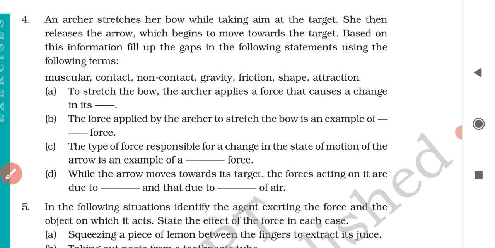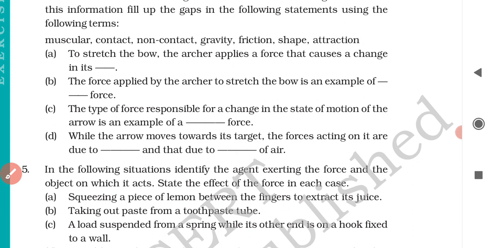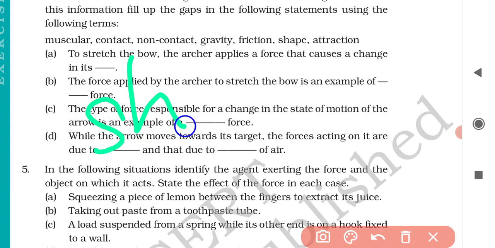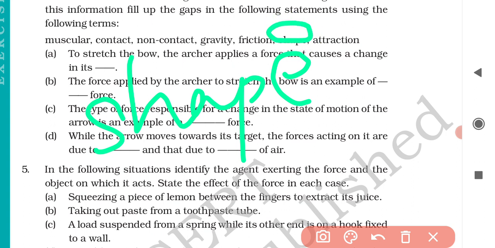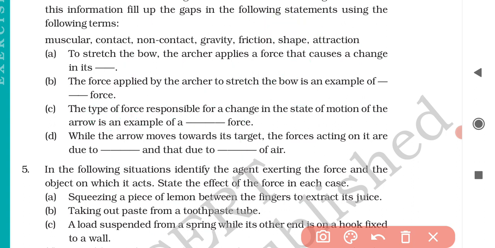Next, the first sentence A: to stretch the bow, the archer applies a force that causes a change in its what? In its shape. When you stretch the bow, then the shape of the bow will be changed. So you have to write shape.